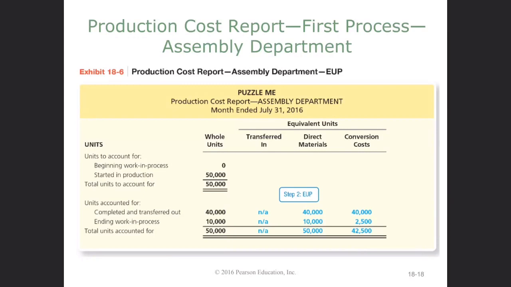And then the conversion cost, which is the cost to convert the product, we're going to show in our completed and transferred out 40,000 and our ending work in process 2,500 in this example. And that's going to give us the total units accounted for of 42,500.